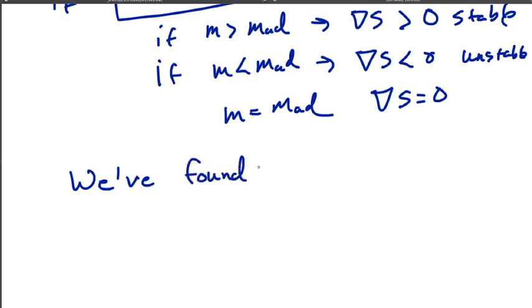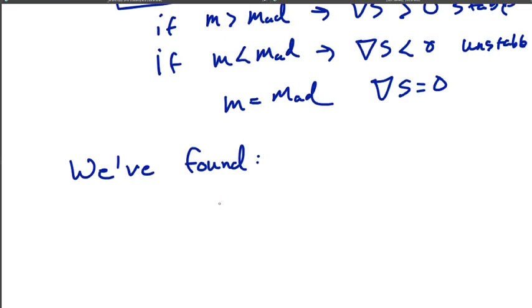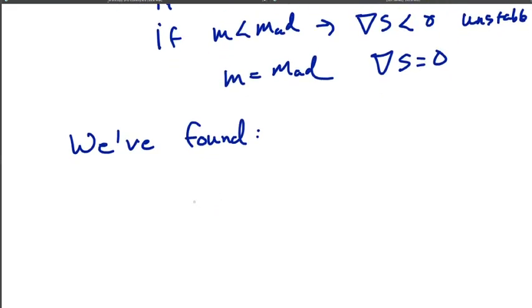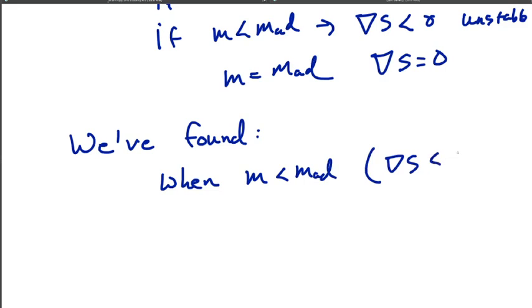In numerical experiments, and you can figure this out from a simple math perspective as well, we found that when m is less than m adiabatic, so this is the convecting condition, grad s is less than 0, then the Mach number, which is the speed of the flows divided by the speed of sound, is proportional to the difference between m adiabatic and m.